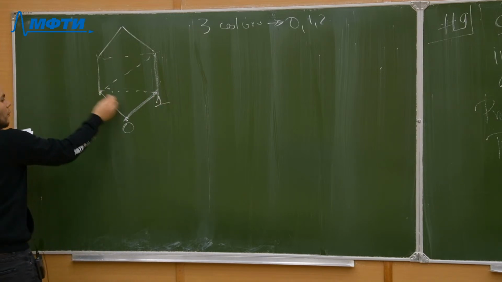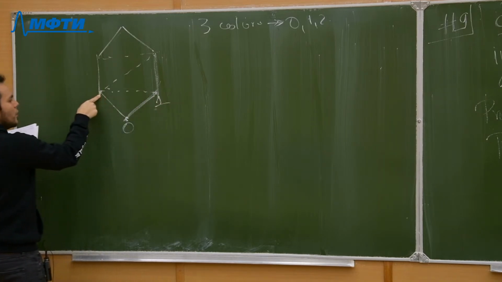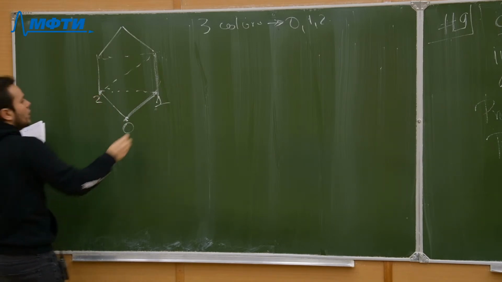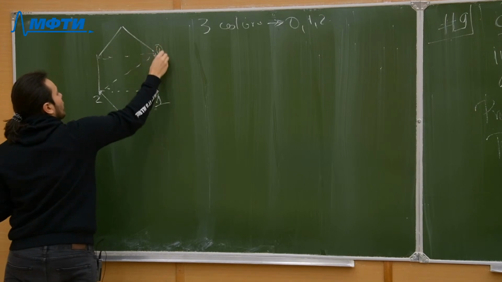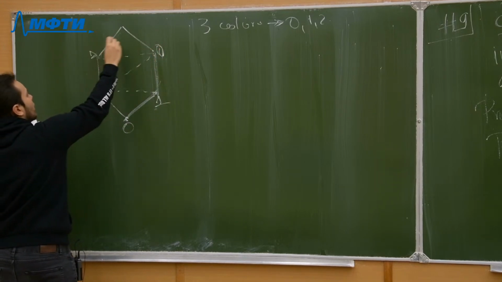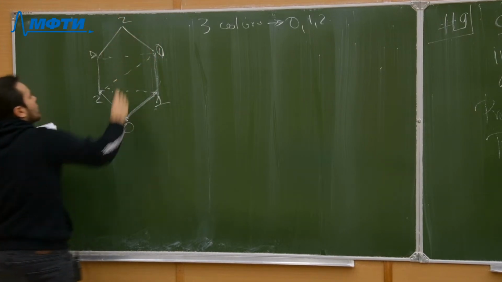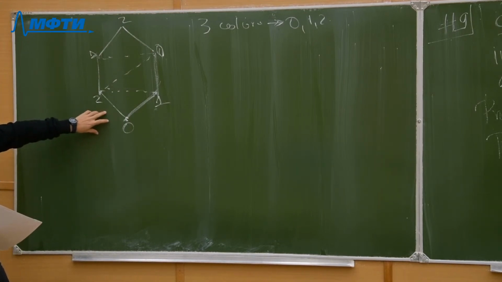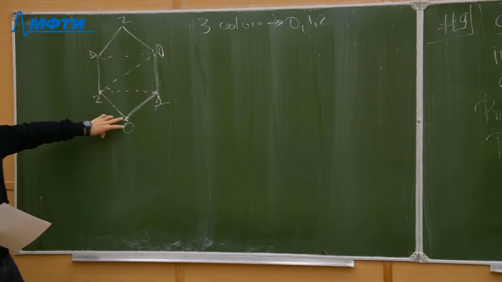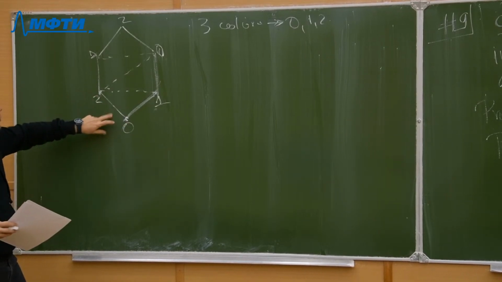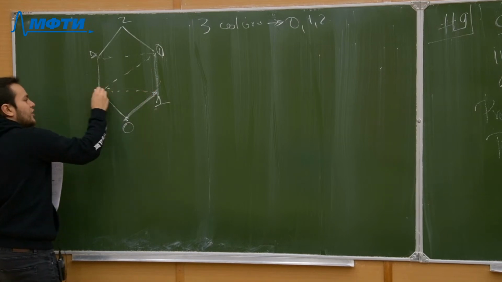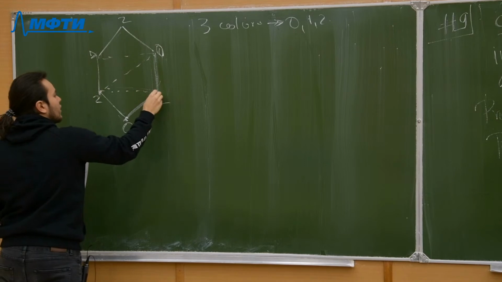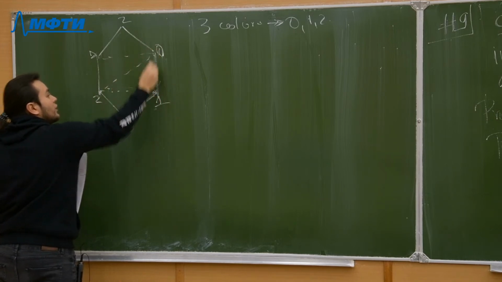And this 1 or 2, and this must be 1 or 2. So let's write here 2, and then here 0, and here 1, and here 2 again. So we have this polygon, and we color the vertices in 3 colors, and we see that we have this triangulation here, such that each vertex has a different color for each triangle, okay?